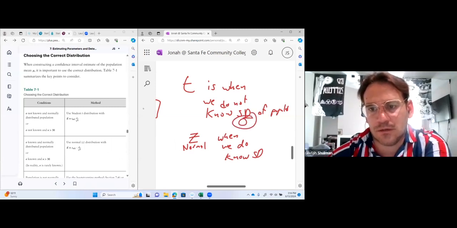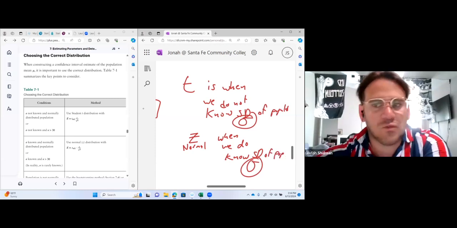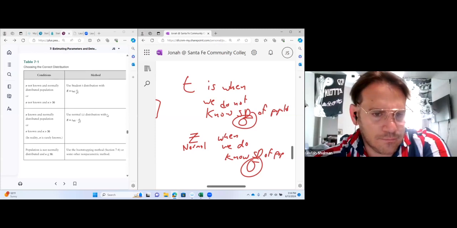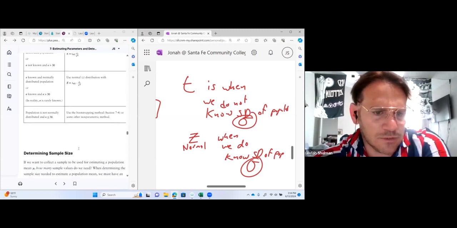This is what we need. We could always calculate it based on our sample, but we're not going to know that. And then we use this bootstrapping method if it's not normally distributed.